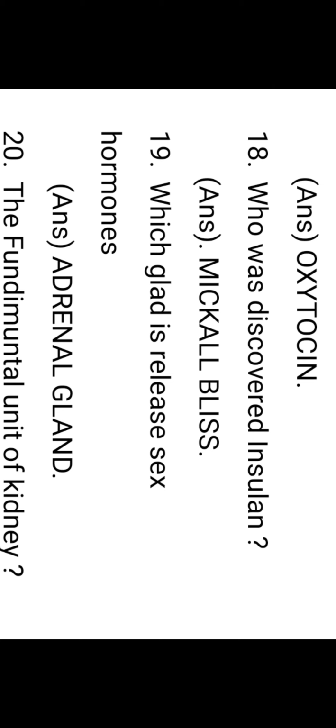It is normally produced in the hypothalamus and released by the posterior pituitary gland. It plays a key role in reproduction, childbirth, and the period after childbirth.